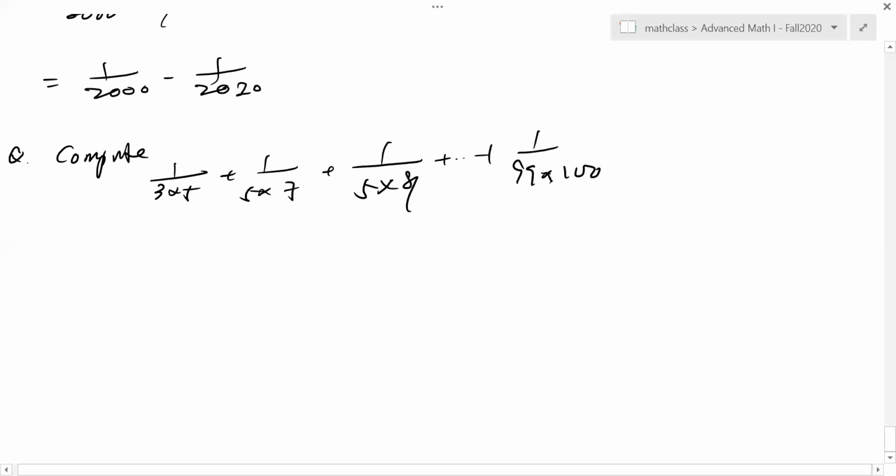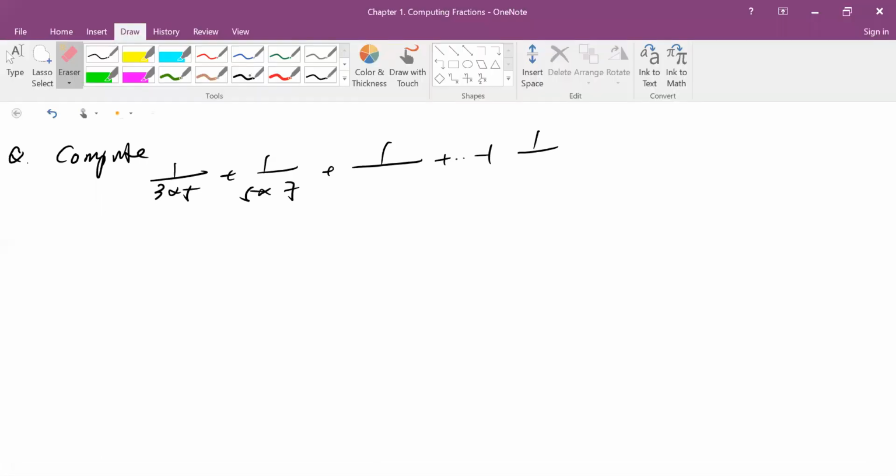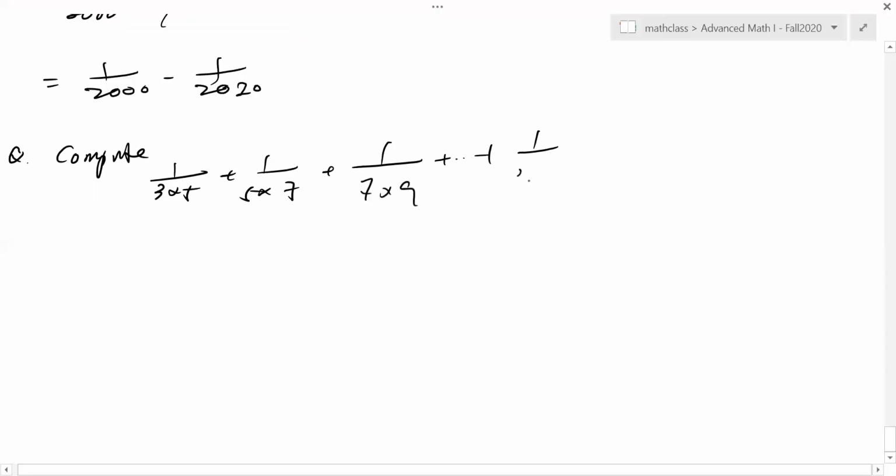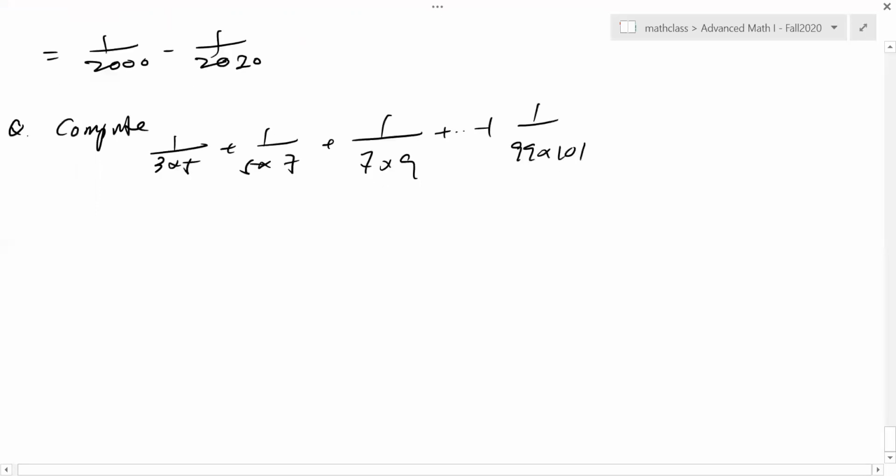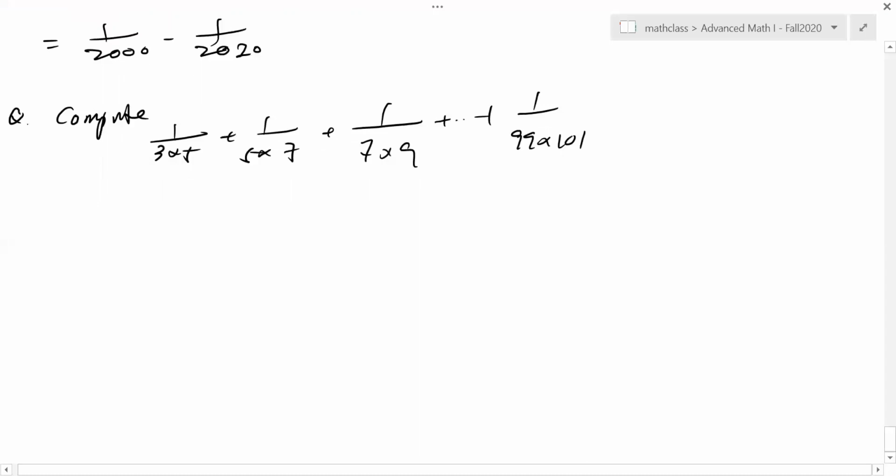Let me double check my problem. I'm copying it. 97 times 99, here's 99 times 1 here. Otherwise, you cannot solve it. Then work on this.